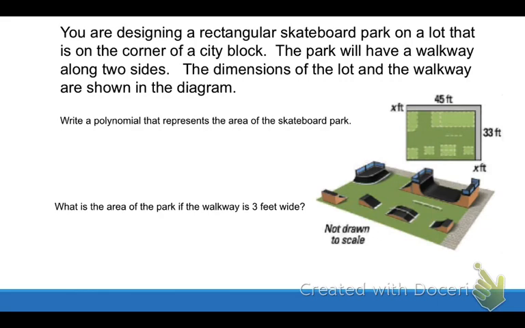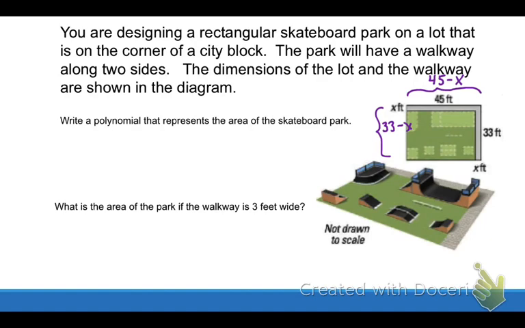All right, so what I see is this side is 45 feet long, but the park is bordered by a sidewalk along the edge, which is x feet. So this side of the actual park would be 45 feet minus whatever the width of that sidewalk is. Whereas over here, it was 33, so this is going to be 33 minus x.